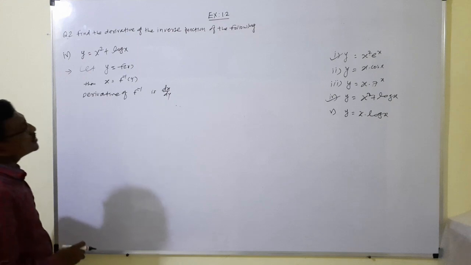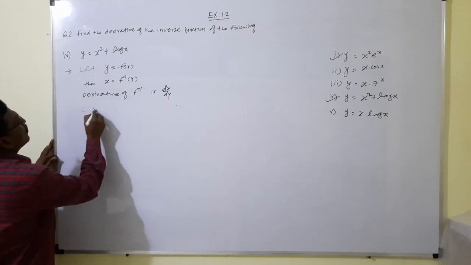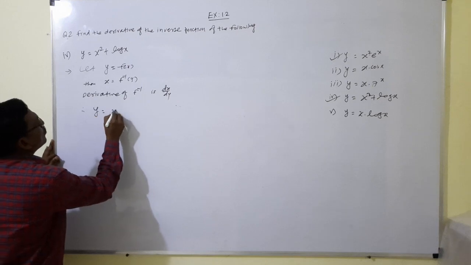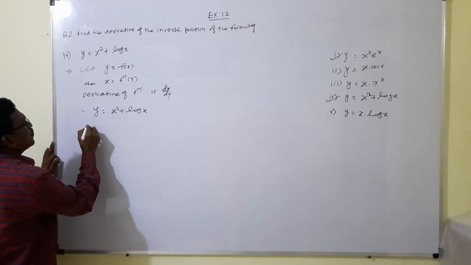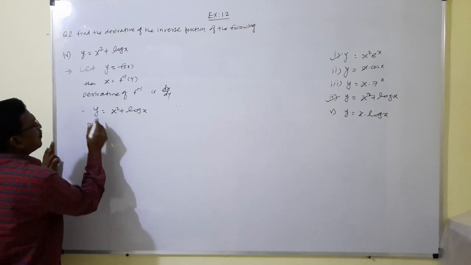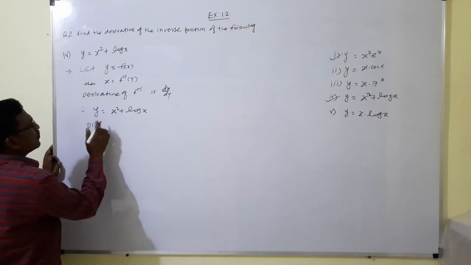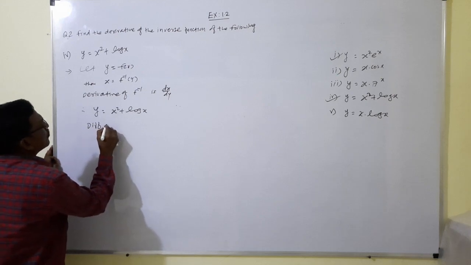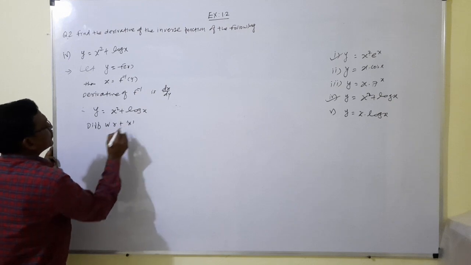Our function is given in the form y equal to f of x, therefore y equal to x square plus log x. So we differentiate y with respect to x here.